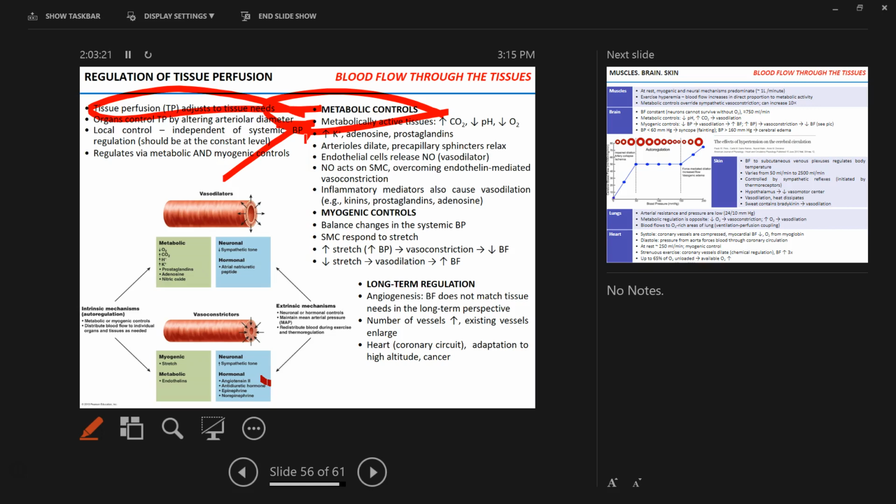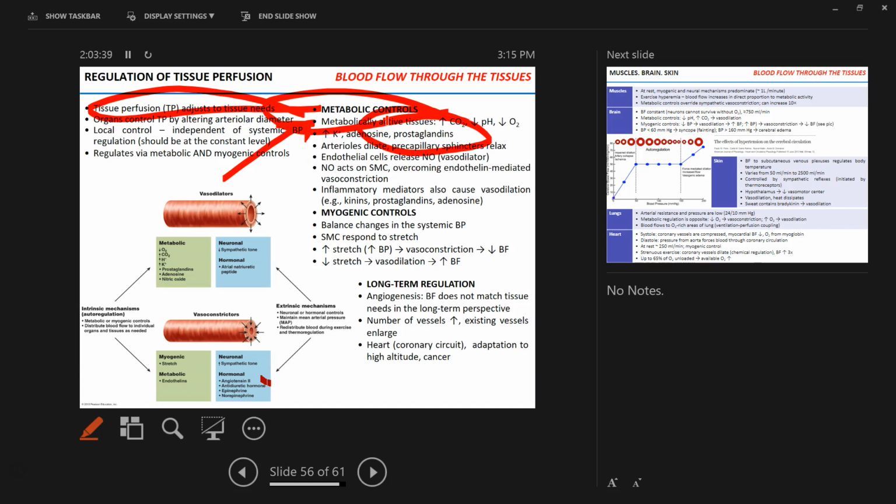Also, it turns out inflammation and metabolic activity are very similar. There are molecules called prostaglandins. I love them. Prostaglandins will also increase blood flow.